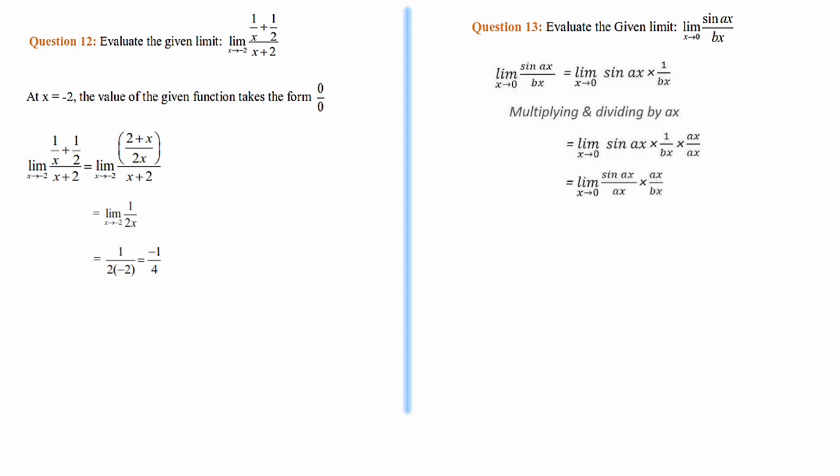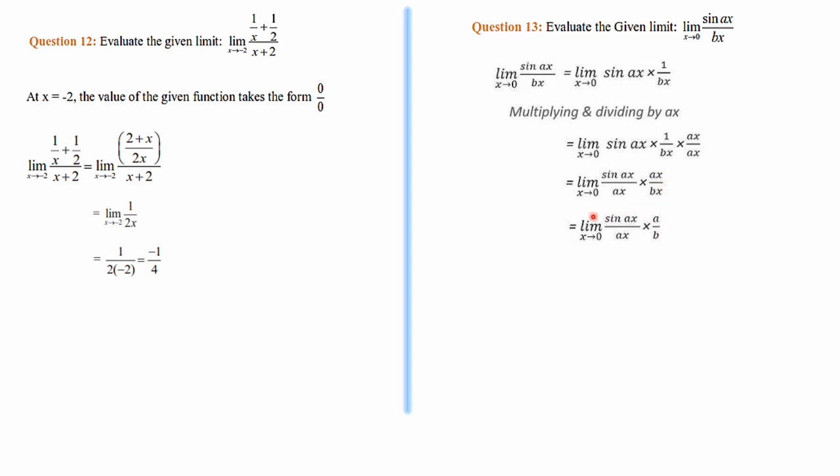This sin ax by ax we can group. So limit x tends to 0, sin ax by ax into, there is one ax in the numerator and in the denominator there is a bx. So ax by bx. Here you can see x and x are common. If you cancel x and x, a and b, which is a constant, we can take out. That is limit x tends to 0, sin ax by ax into a by b, x and x cancelled.